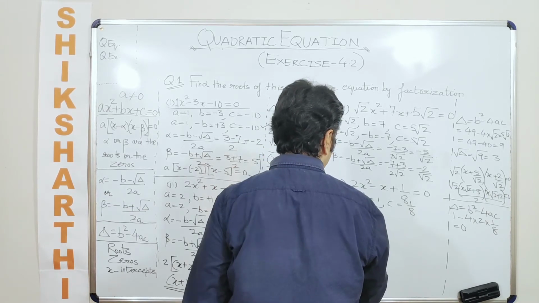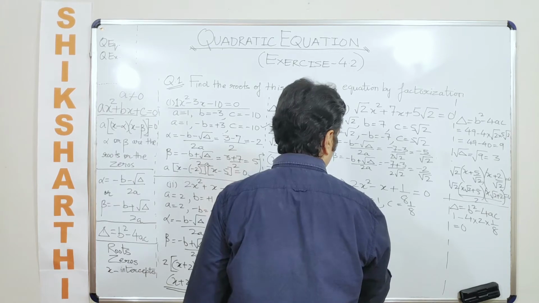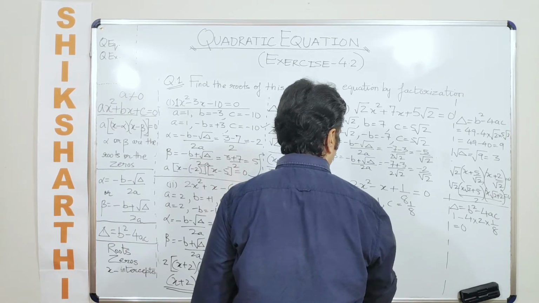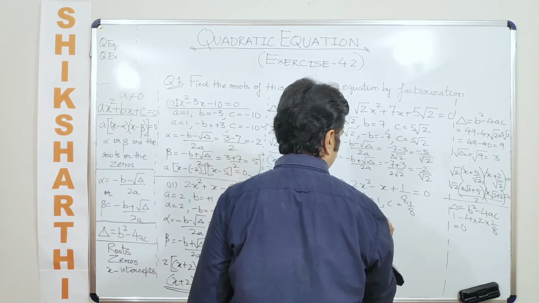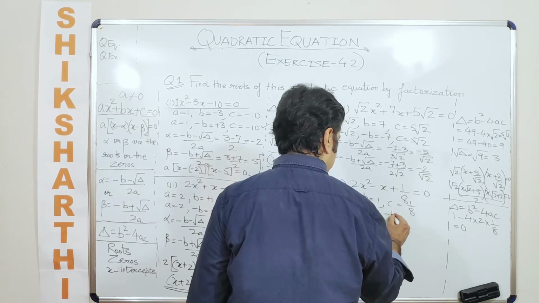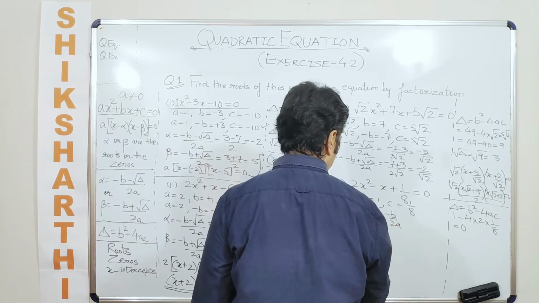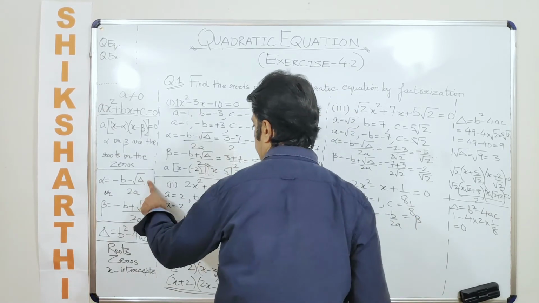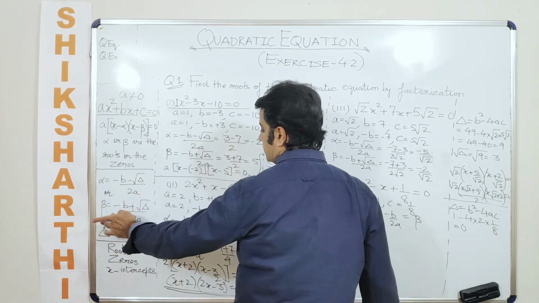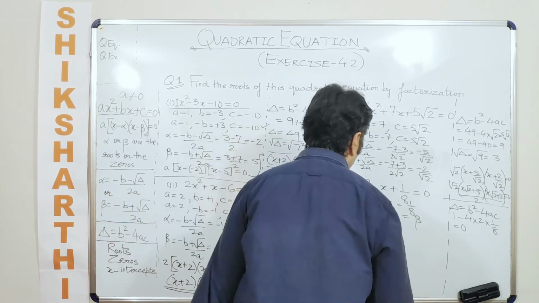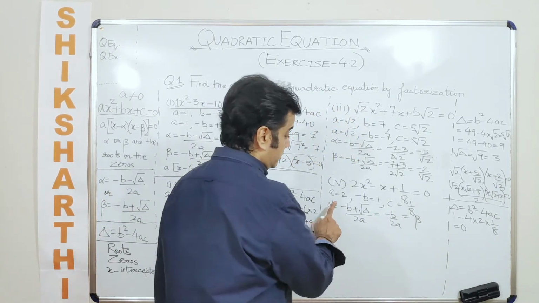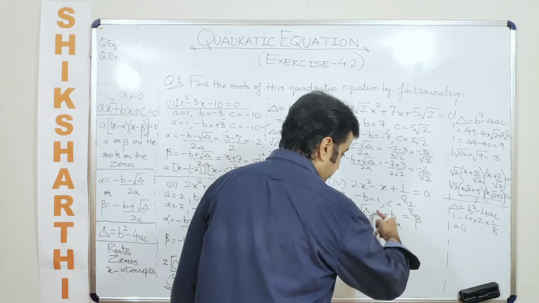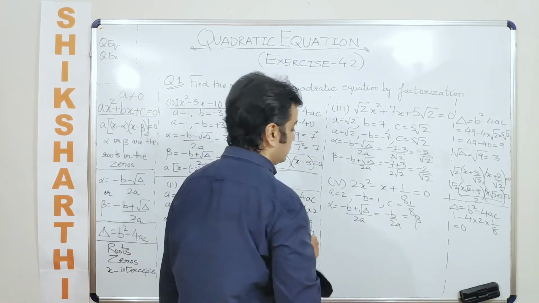So I'll say this is nothing but minus b plus root delta upon 2a. So this in any case becomes minus b by 2a only, both the roots. So this will be the value of beta also as discussed. The moment delta becomes equal to 0, in that case alpha becomes equal to beta is equal to minus b by 2a. That means the numerical value of both the roots will be minus b by 2a when both the roots are equal.